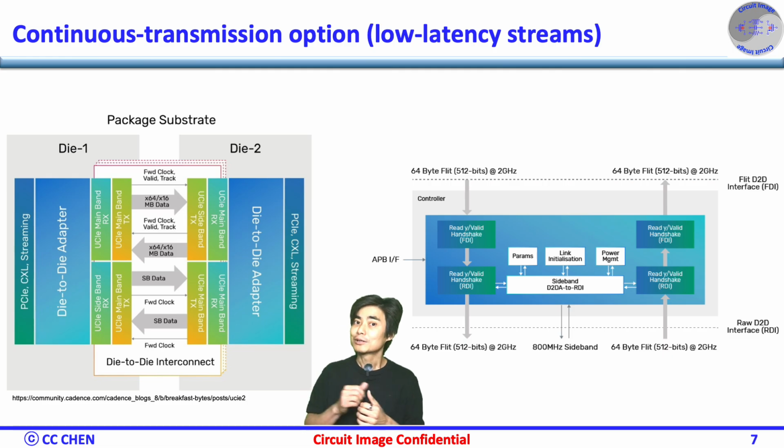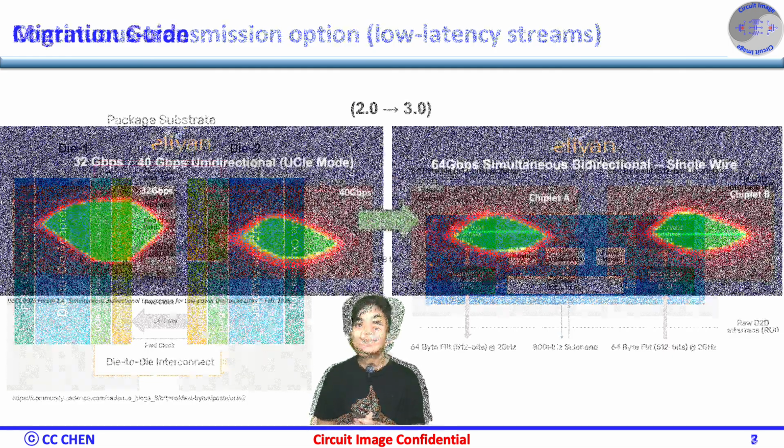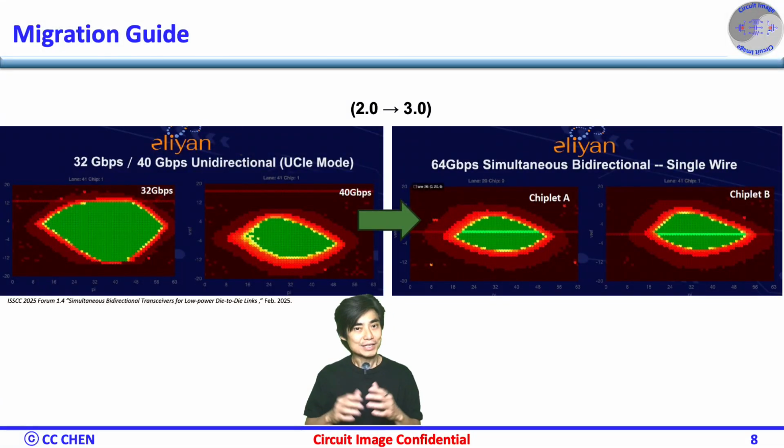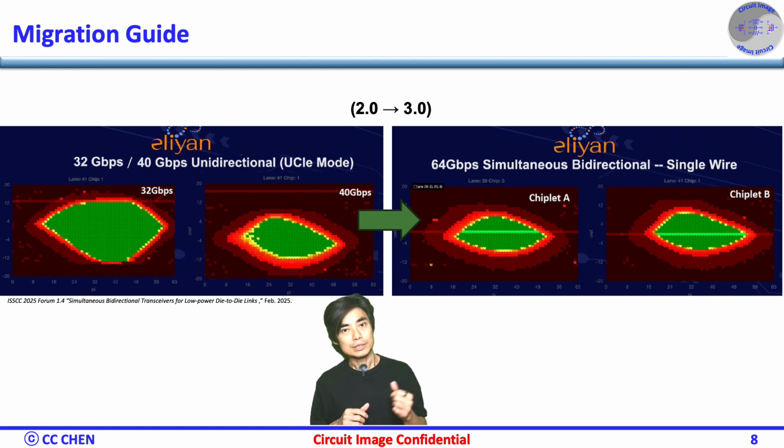If you are already on 2.0, here's how to move forward. Keep your 2.0 software stack. Upgrade the PHY and controller for 64 gigatransfers per second, and confirm you have runtime recalibration. Then check signal and power integrity at 64 gigatransfers per second: loss, jitter, crosstalk, bump map, shielding, and clock data recovery and equalization choices.